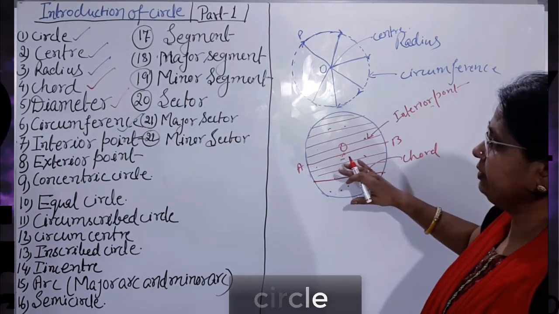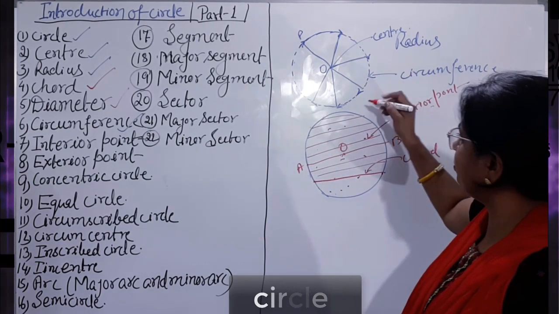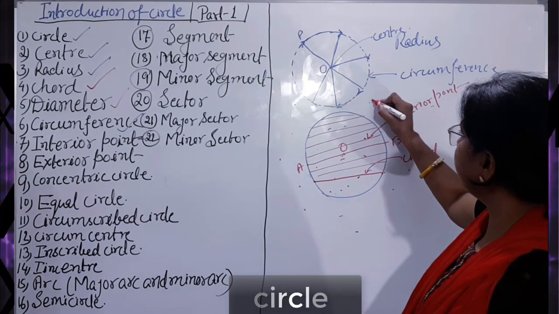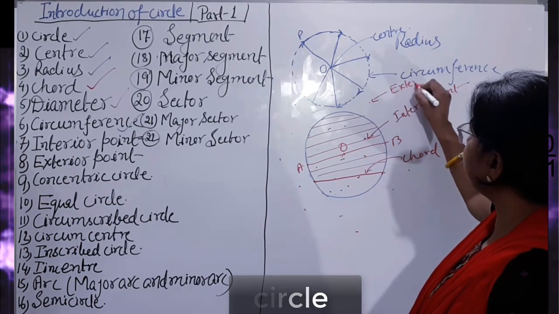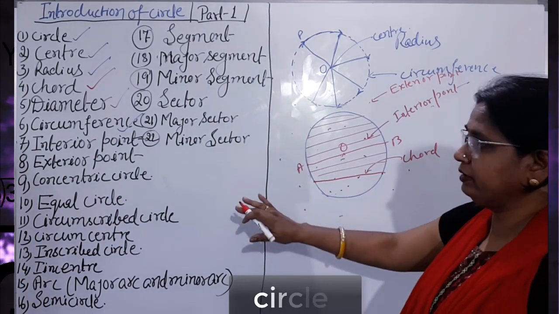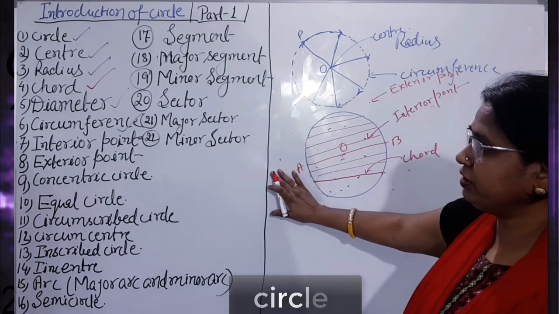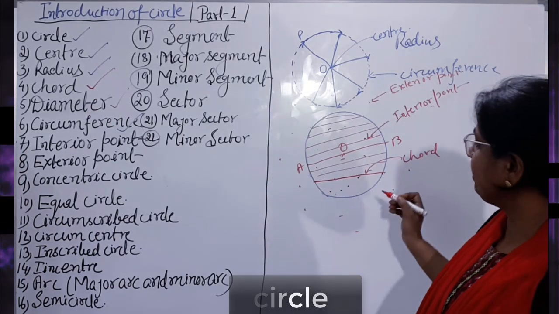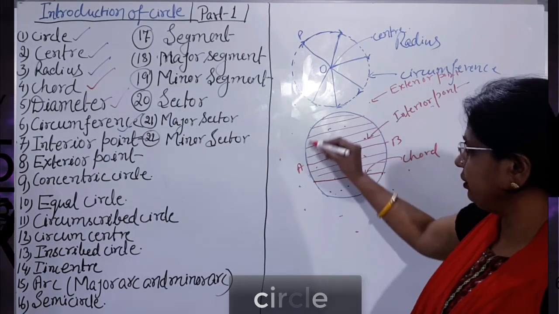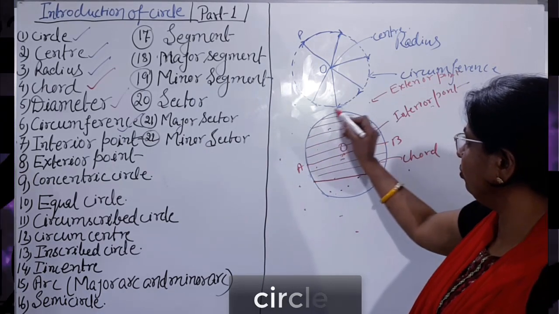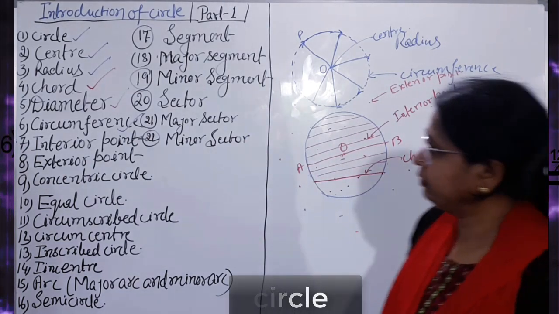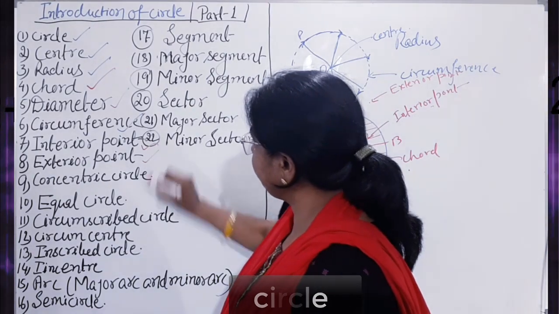And all the points which are fixed outside of the circle are called exterior points. Some points are on the boundary, and joining all those points is the circumference. Okay. Exterior point, interior point over.